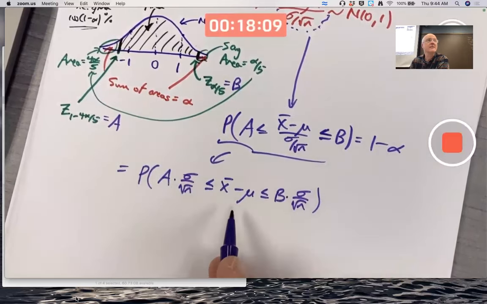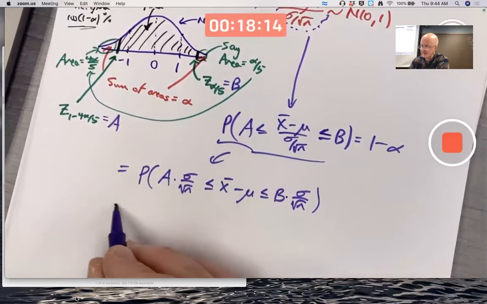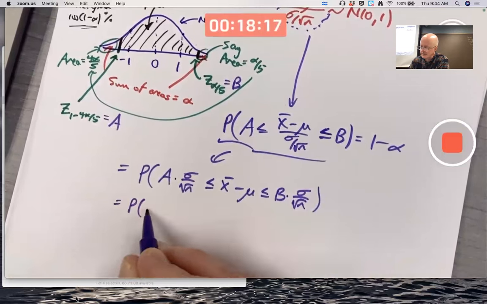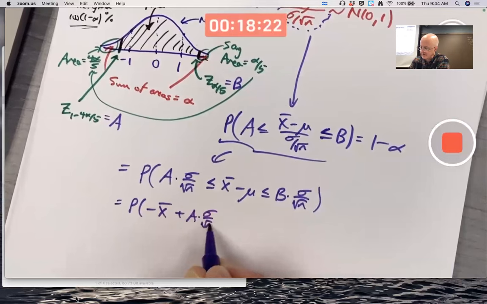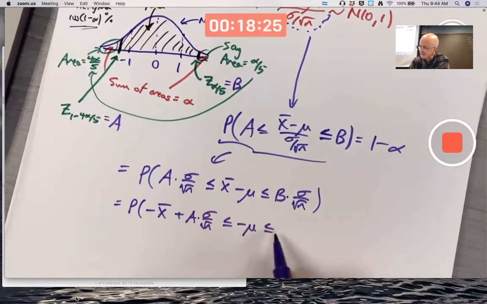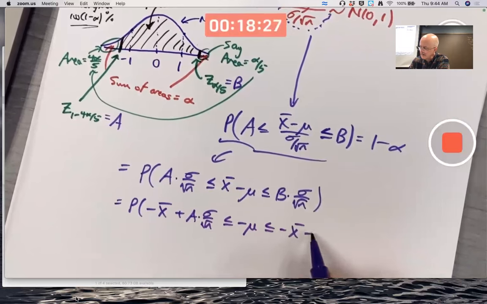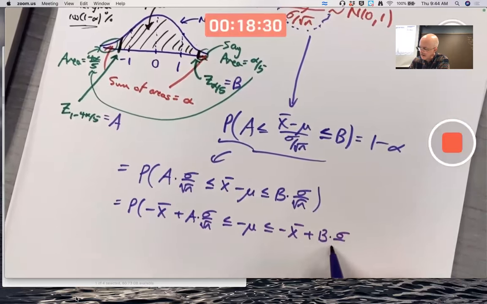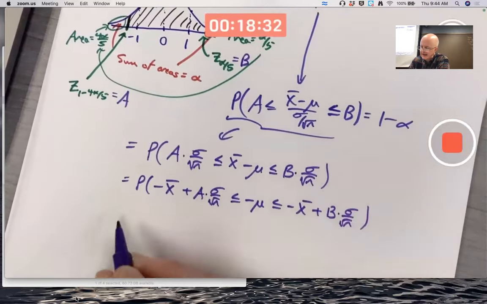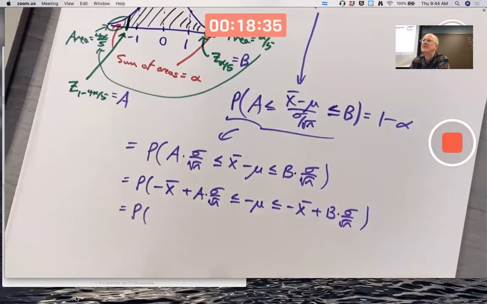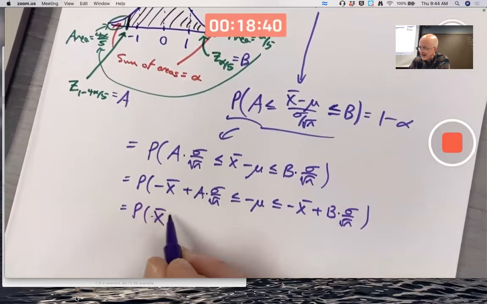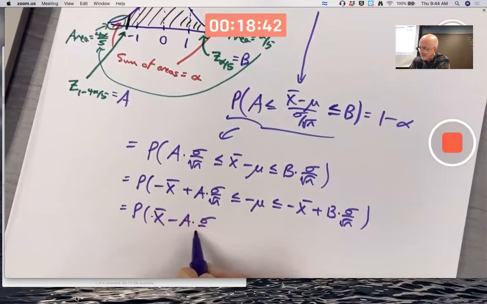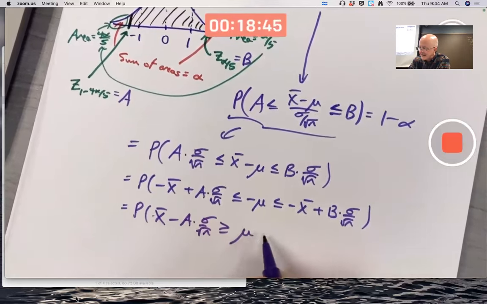Okay, I can isolate negative mu by subtracting x bar from everything. That isolates negative mu in the middle. But to isolate mu, I need to multiply everything by -1, which changes the direction of the inequalities. Multiply everything by -1. That gets mu isolated.